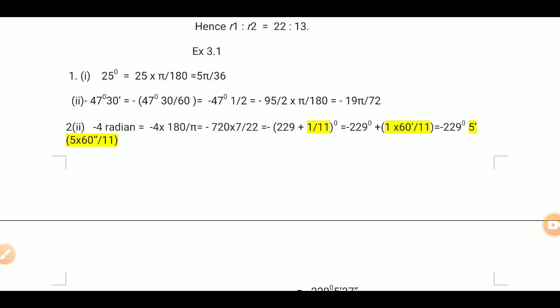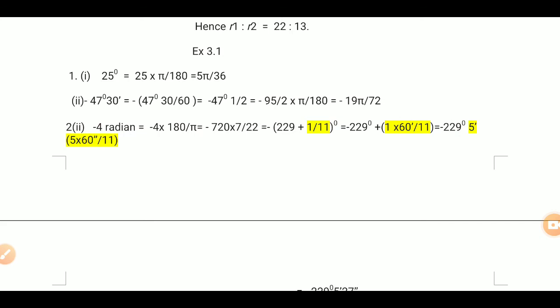Thus it is equal to 229 degrees full. Now dividing 60 by 11, we get 5 minutes and remainder 5, that is 5 upon 11. So this will also be converted into second.